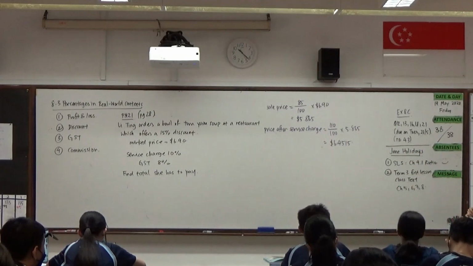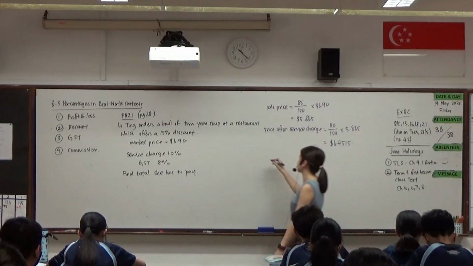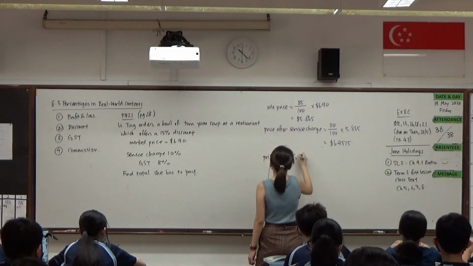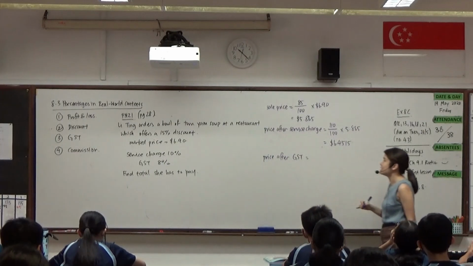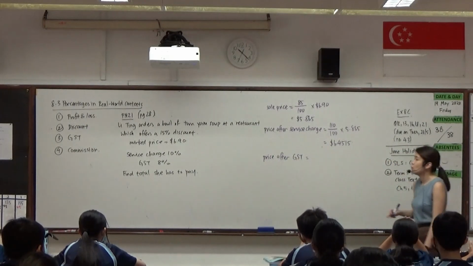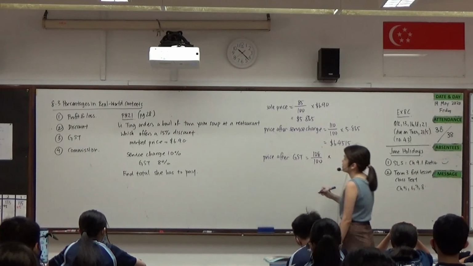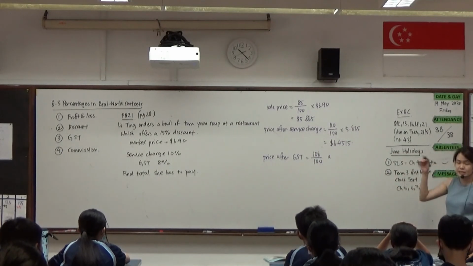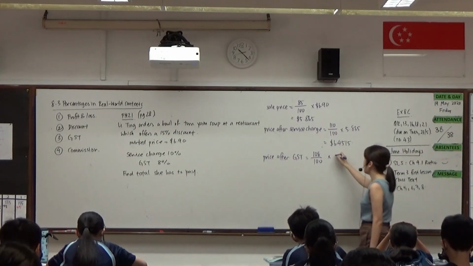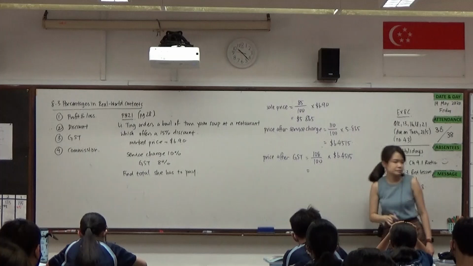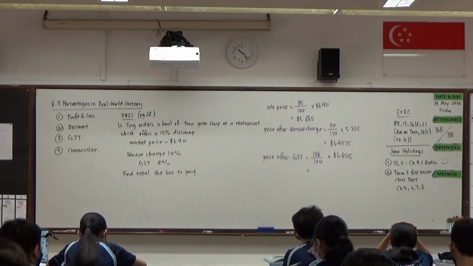Then to find out what is the price after GST, we include the 8%, which makes a total of 108% of your $6.4515.